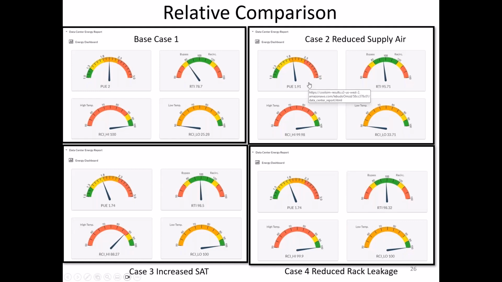For case 2, it came down to 1.9, and RCI started to get affected just a little bit, not so bad, still too cold. Then we went up in temperature, and now the rack started to leak because we had air management problems. But RCI low came up, we got close in RTI, PUE 1.74, looking pretty good. So the final step was air management, as Magnus pointed out. Go ahead and fix the air management so that you're not leaking, things are sealed up.